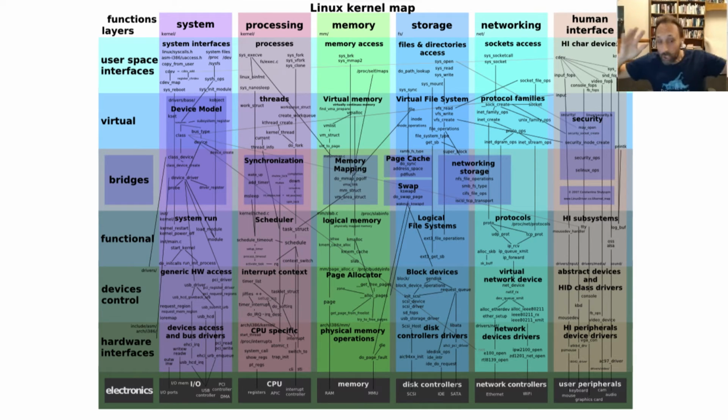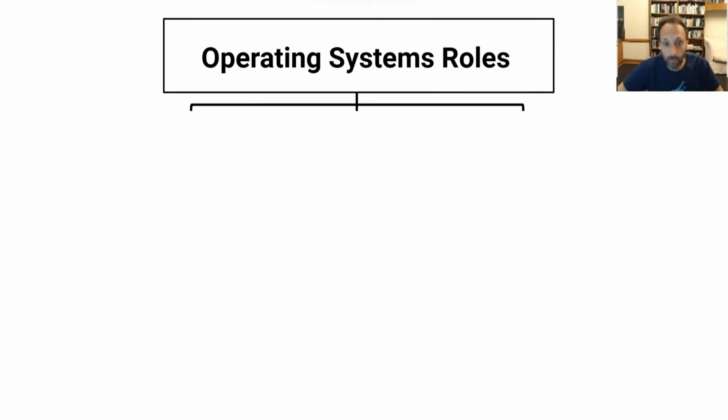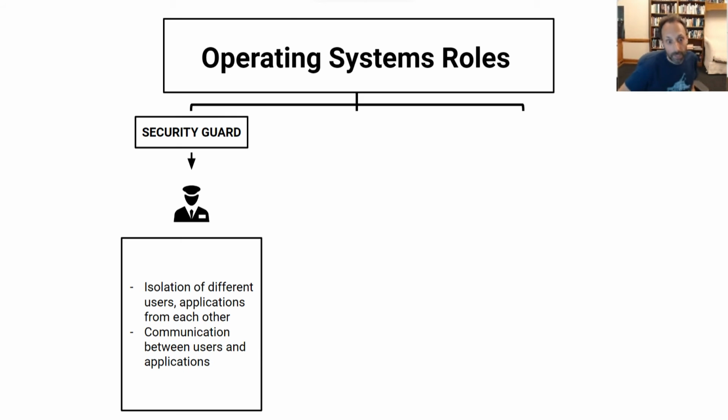So the kernel's doing so much, and it's doing it in a way which fulfills the following three functions. Number one, the operating system is a security guard, meaning that if I have an account on the same Yale system that Sean does, the operating system prevents me from accessing Sean's data and vice versa.